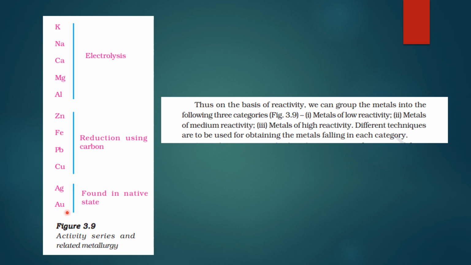Gold and silver are found in native state. Zinc, iron, lead and copper are reduced using carbon, and the top ones are done using electrolysis. There are metals of low reactivity, then medium reactivity, then high reactivity. So different techniques are used for obtaining metals falling in each category.